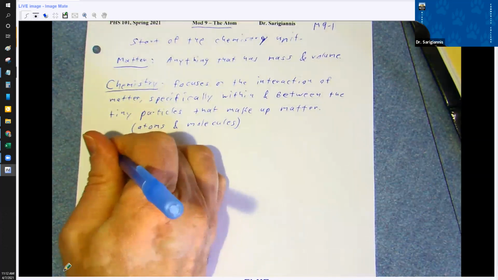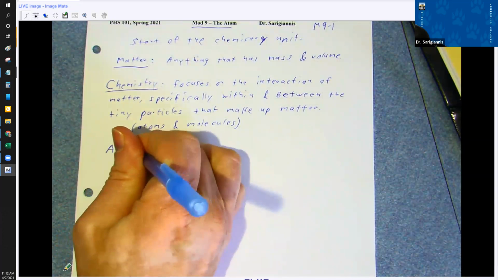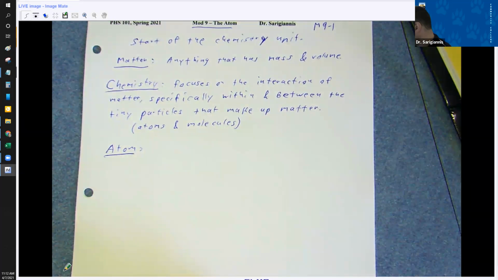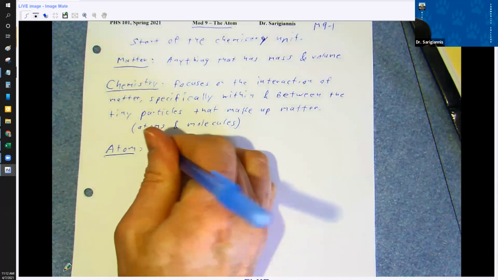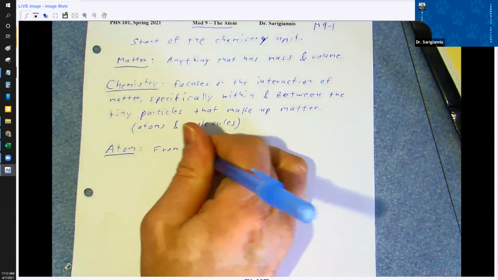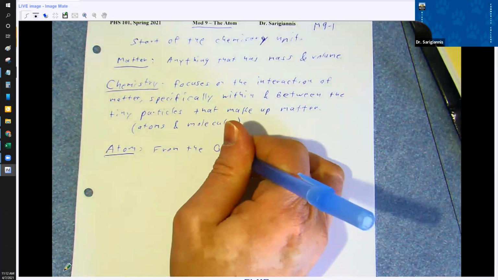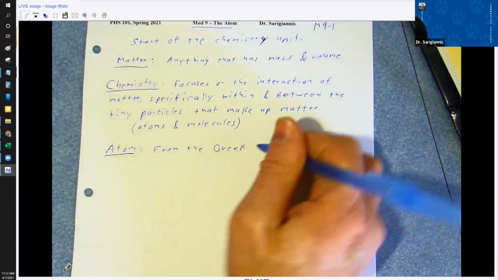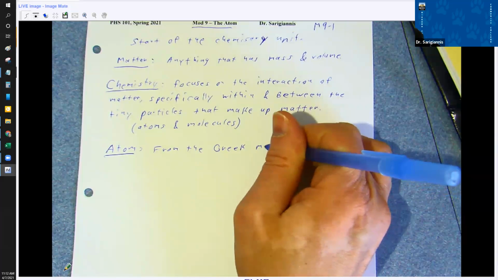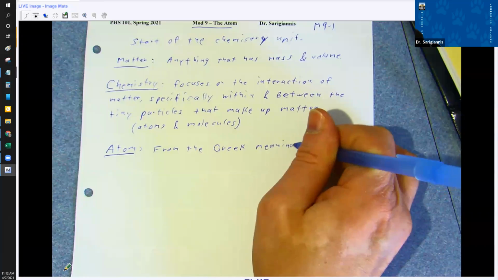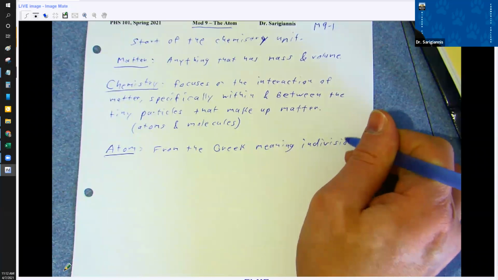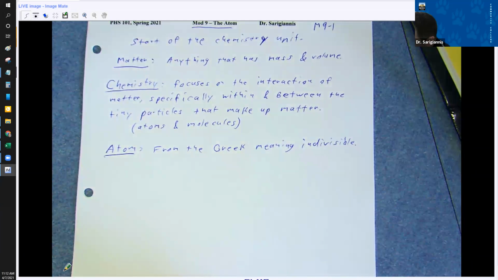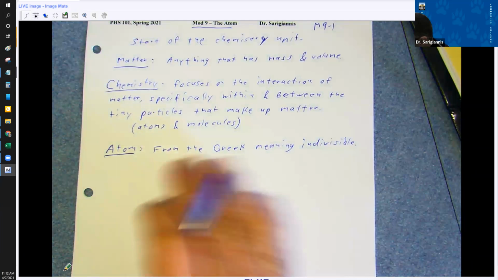All right, let's talk about the atom now. The atom is a word that comes from the ancient Greek, meaning indivisible. So it can't be further divided.